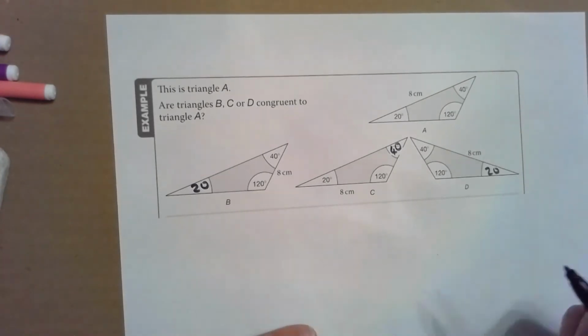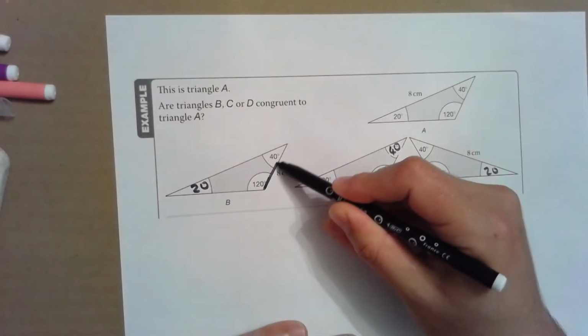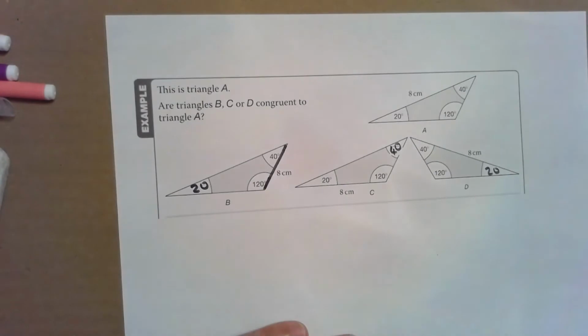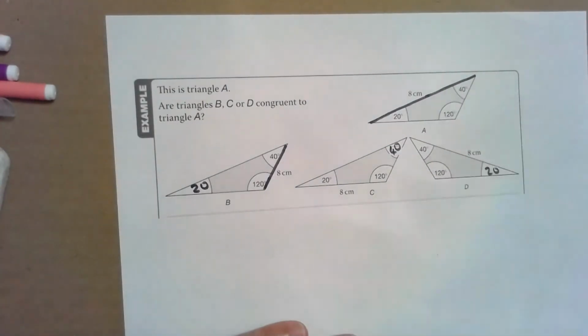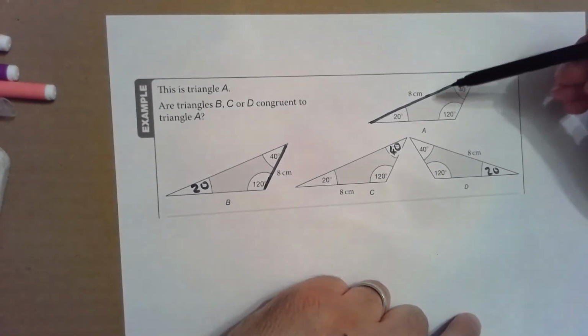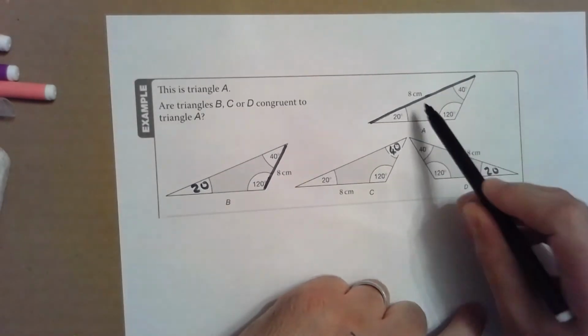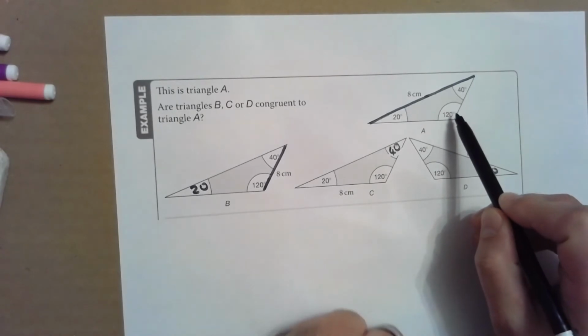So we've got here a side length of 8, and we've got a side length of 8 in this triangle. Okay, so in triangle A, the longest side length is 8 because that's opposite the largest angle.